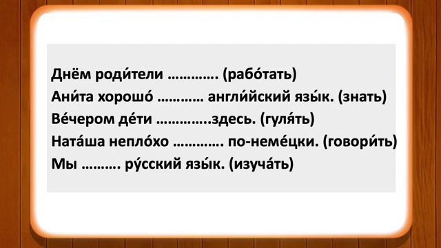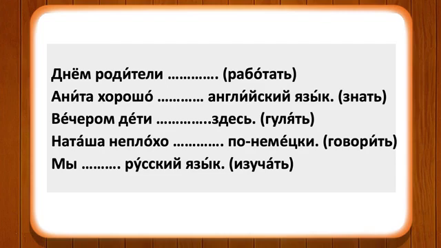So verb is работать, which is a first conjugation verb. So the они form would be работают. The answer would be днем родители работают. Днем родители работают.